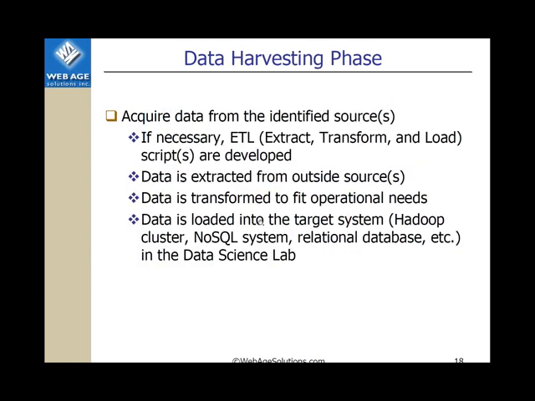Okay, data harvesting, we know about the ETL. We extract the data, and at this point in time, it's interesting that for NoSQL systems and Hadoop systems, the transformation is actually deferred until a later moment.